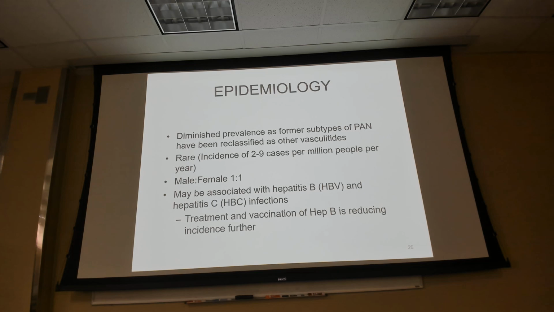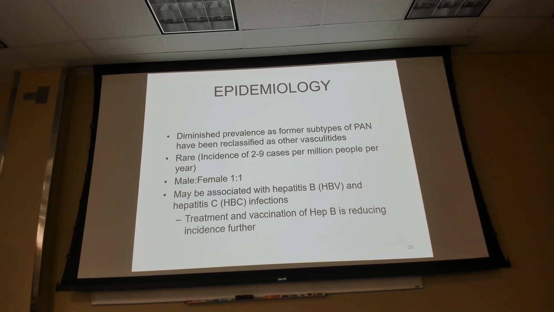Diminished prevalence, as former subtypes of PAN have been reclassified as other vasculitides. Rare. Okay, this isn't something specific to a sex; it can happen equally in a male or a female.